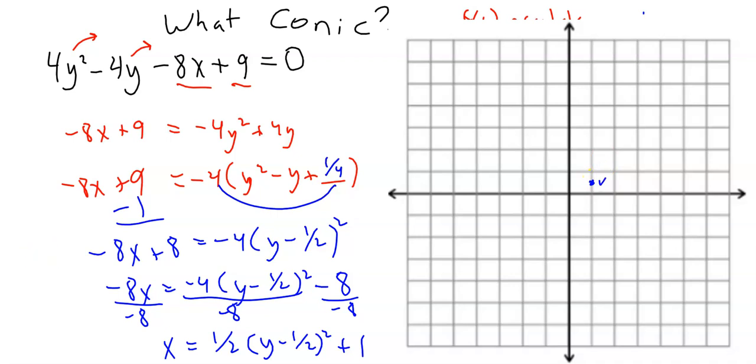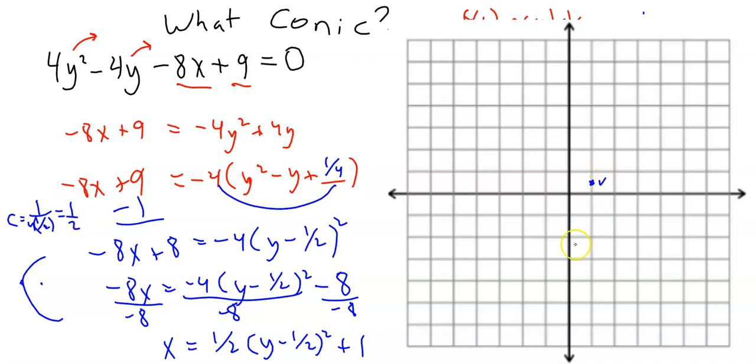It's opening to the right, which means my focus will be to the right of the vertex by a distance of c. C equals 1 over 4 times 1/2, which is 1 over 2, which is 1/2. So c is 1/2.